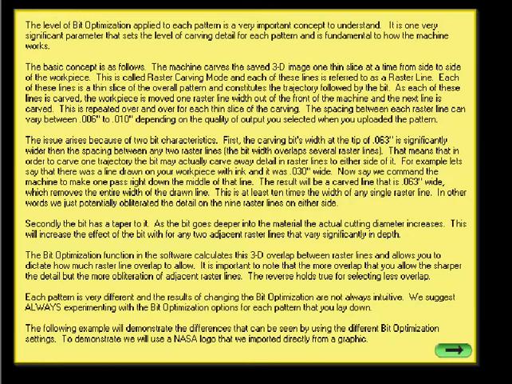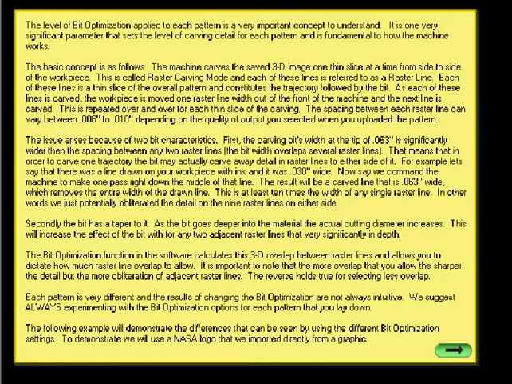It will remove detail on either side of the line. This is actually 10 times the width of any single raster line. In other words, we just potentially obliterated the detail of 9 lines on either side.